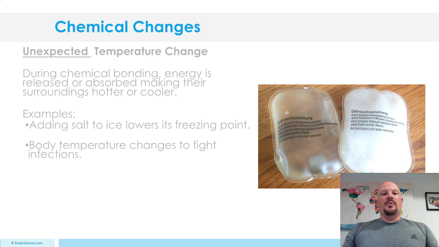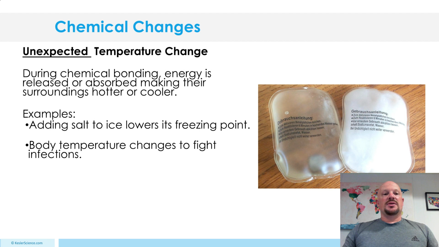Another example would be an unexpected temperature change. During a chemical change, energy is released or absorbed, making the surroundings hotter or cooler. Again, this isn't that you've added heat. You haven't placed anything on a burner or next to a heater. It's the chemical reaction that's causing the temperature change. That's what makes it different than a physical change. Adding salt to ice lowers its freezing point.